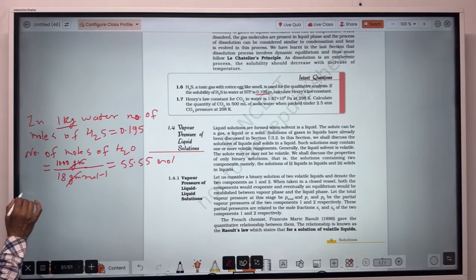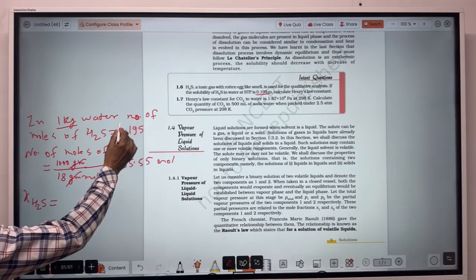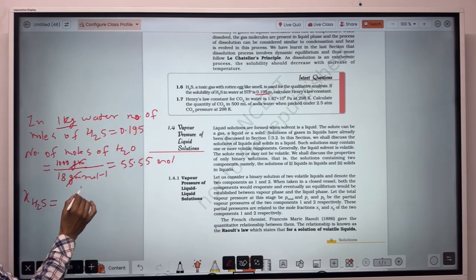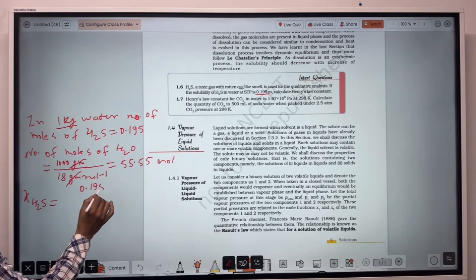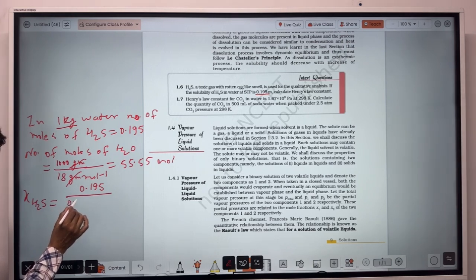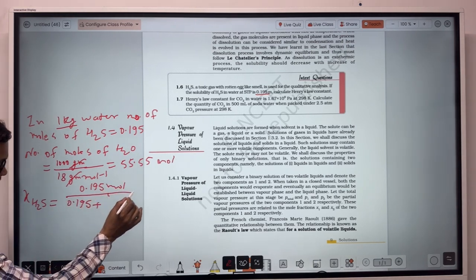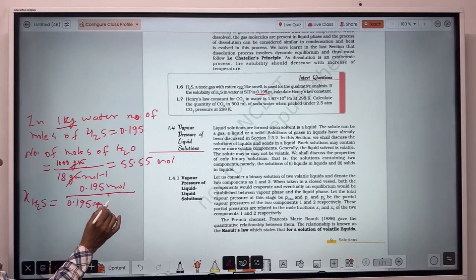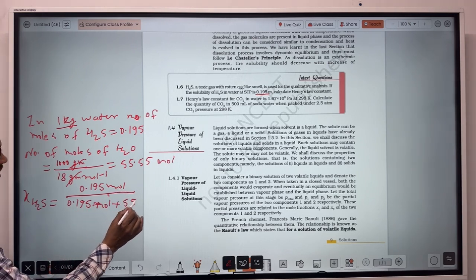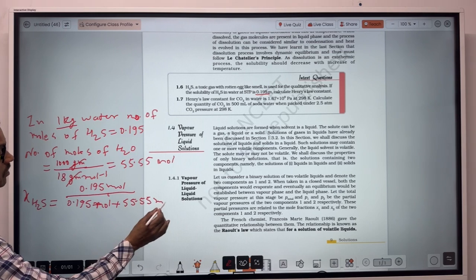So the mole fraction of H2S will be how much? Number of moles of H2S is 0.195, upon the total number of moles, that is 0.195 mole plus 55.55 mole.